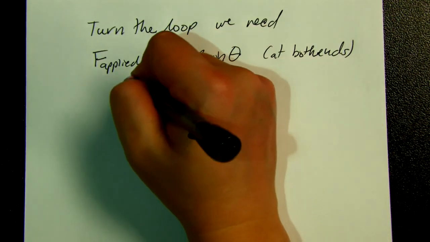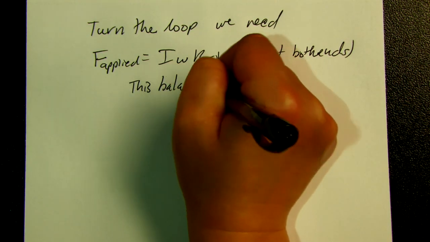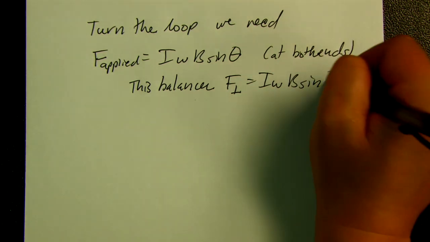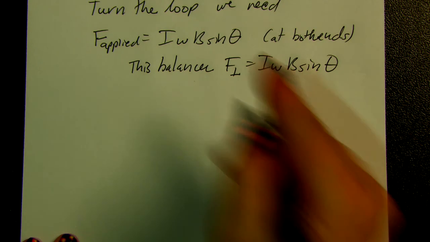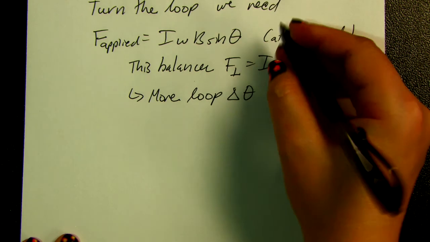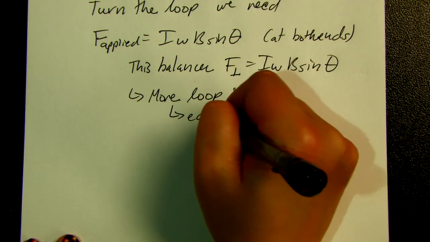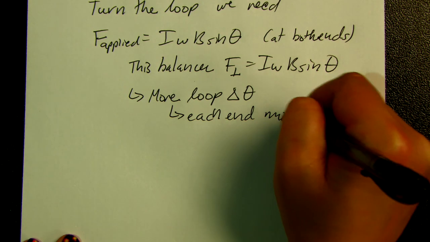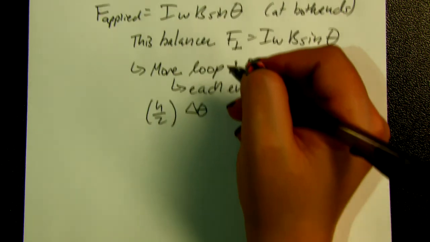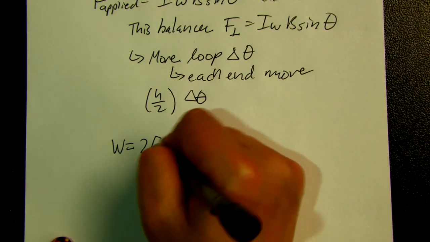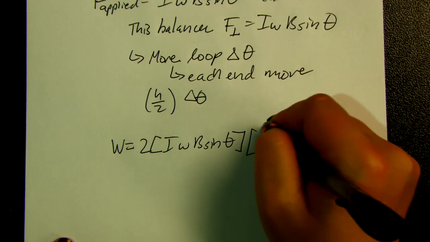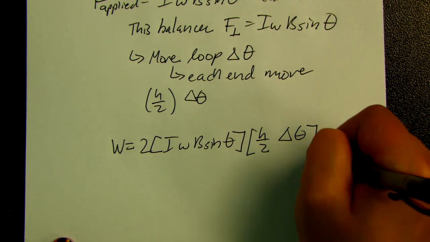And this balances our perpendicular component, IWB sine theta. When we move the loop by delta theta, each end moves h over 2 delta theta. So work is equal to 2 times IWB sine theta times h over 2 delta theta.